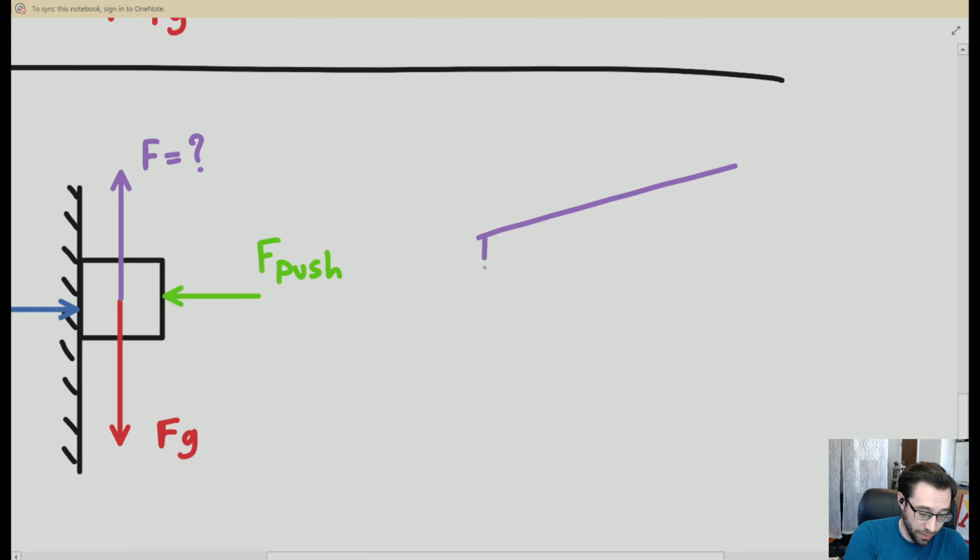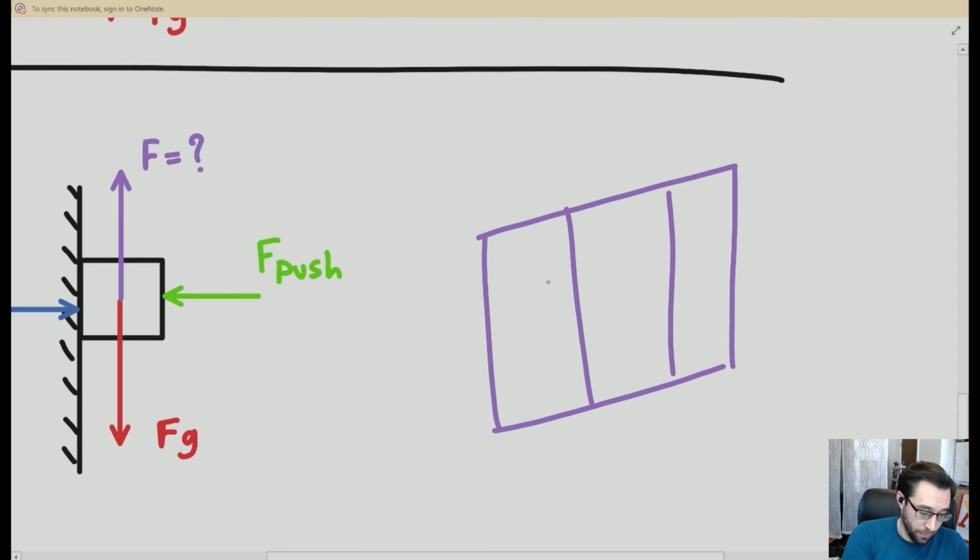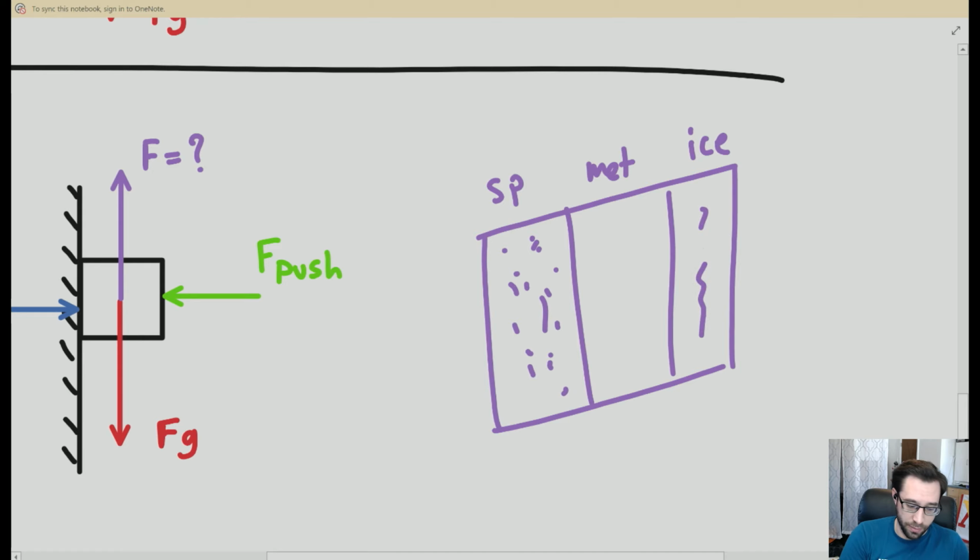So if I've got a wall, so I've got sandpaper, I've got metal, and then I've got ice. All right, so sandpaper, ice, right?